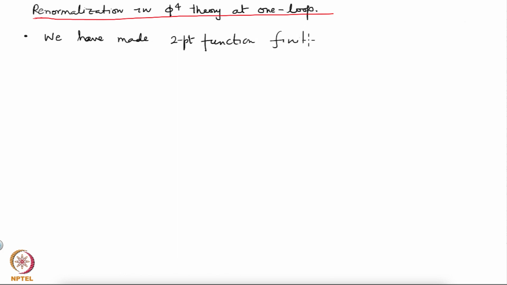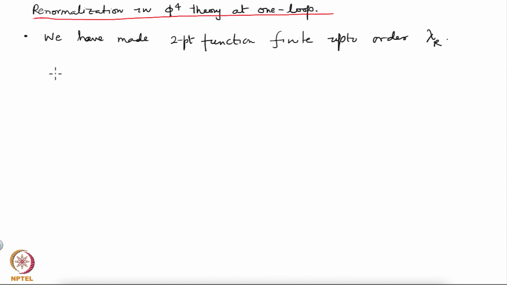Remember, lambda r and m r are finite parameters. They have finite values, and the lambda and m which you had in the original theory become infinite as epsilon goes to 0. That is what we have seen.